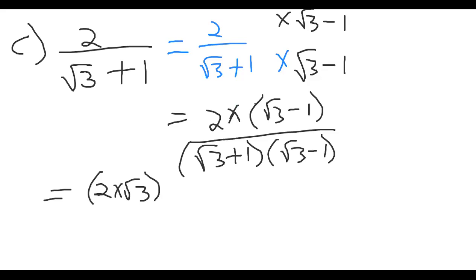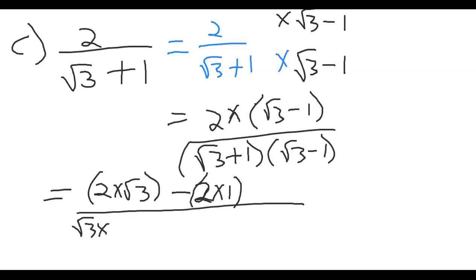Remember what we've just been doing. Plus 2 times negative 1, you get minus 2. Or let me just write it like this, it makes more meaning. So everything divided by root 3 times root 3 minus 1, then plus 1 into brackets root 3 minus 1. That is what you've been doing before.